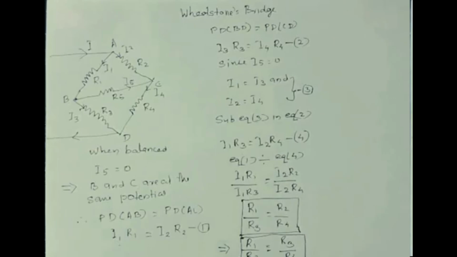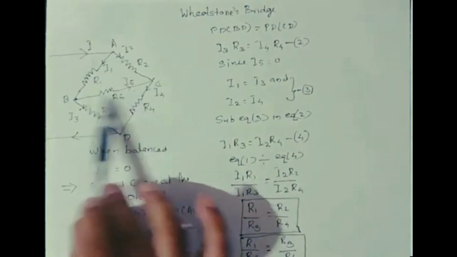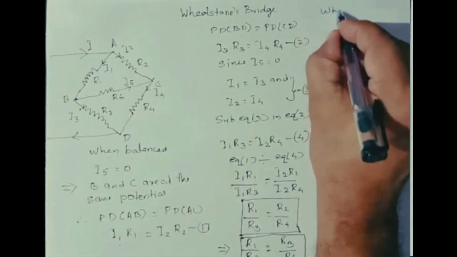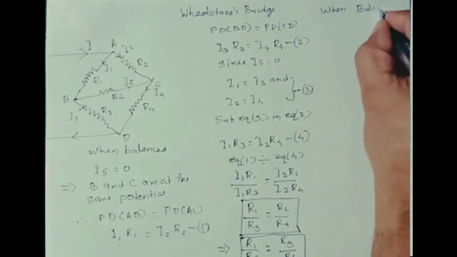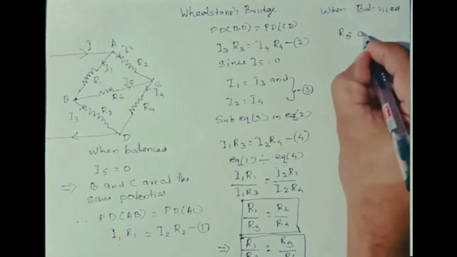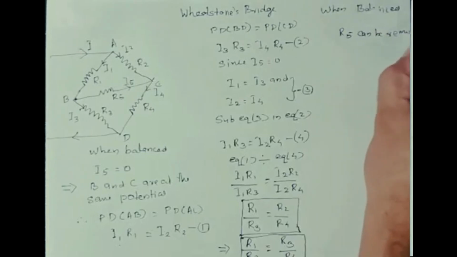Now, in the balanced state, you will not have R5 anymore here, because there won't be any current. You can remove the R5. So, when balanced, R5 can be removed without affecting the circuit, because there is no current through R5 in the balanced state.